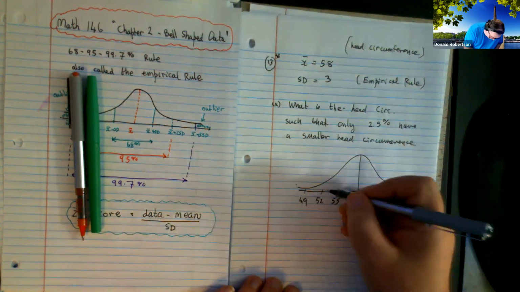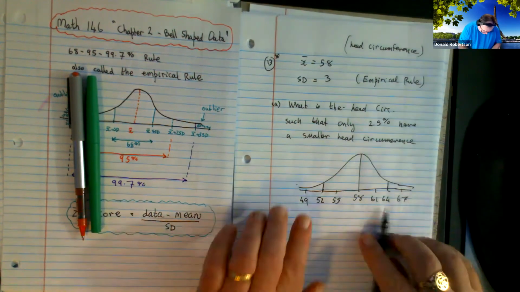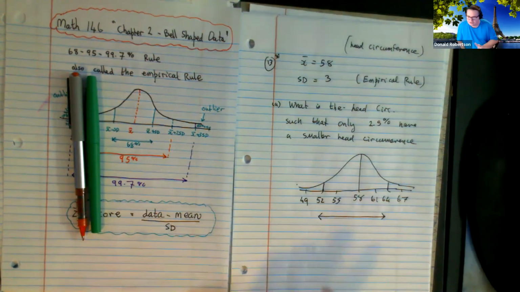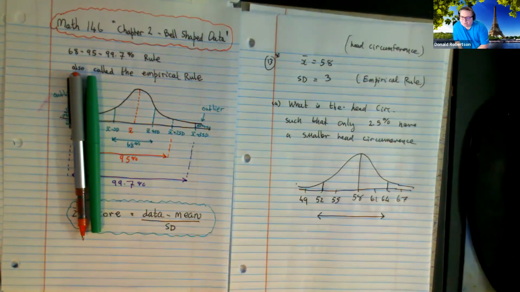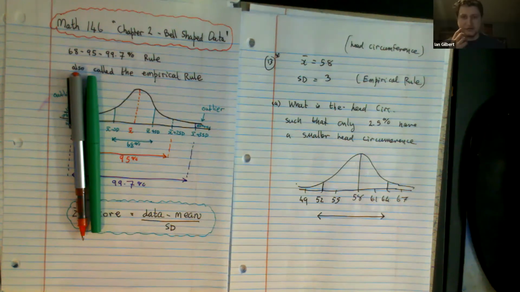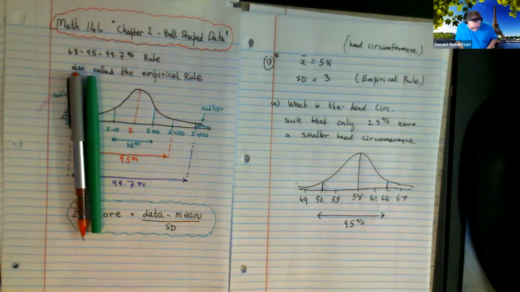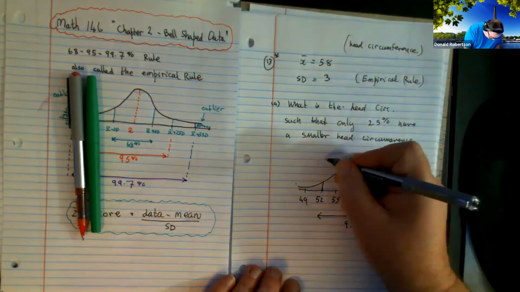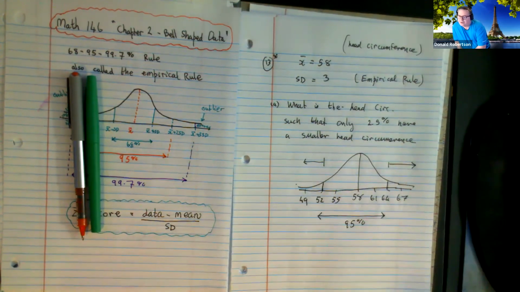Now, if I do 2 standard deviations either side, what percentage of the data is between here and here? Isn't that like 95%? It is. And actually, that's not just me randomly picking a guy. If this middle chunk is 95, would you agree that the bits left on either side are the other 5%?